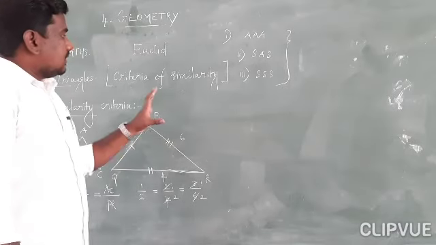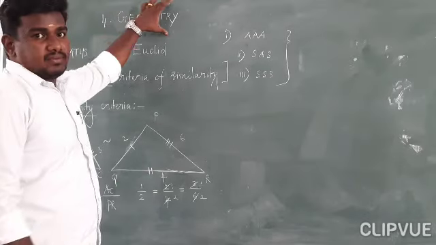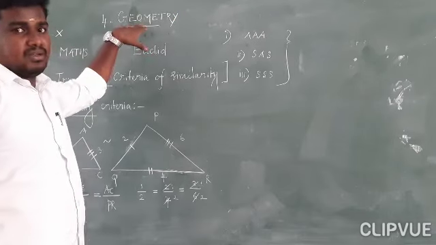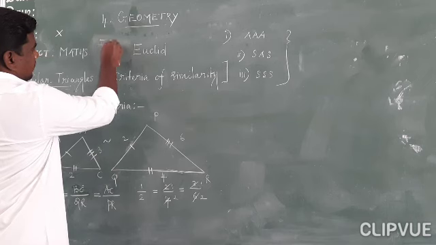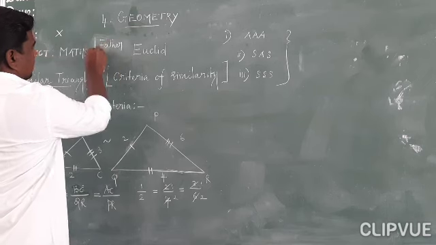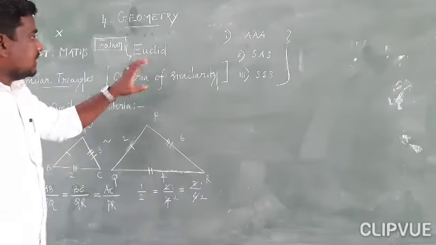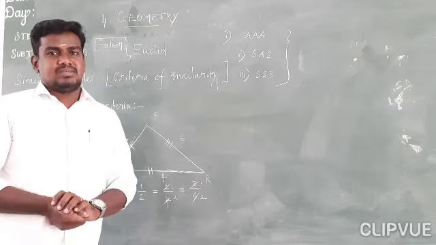So in this video we have learned about geometry, the representation and usage of this chapter, and the father of geometry. The father of geometry is Euclid. Okay, and then the difference between similar and congruent.